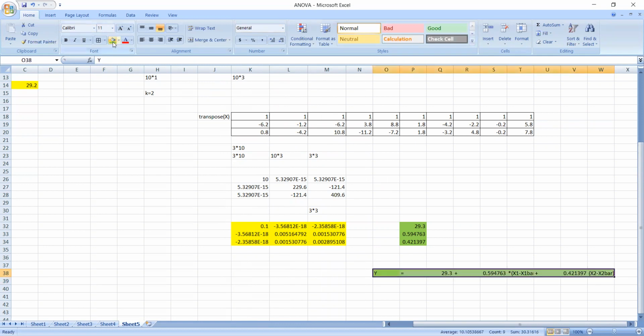If you just write y is equal to 29.3 plus 0.59 times x1 plus 0.42 times x2, that is wrong.